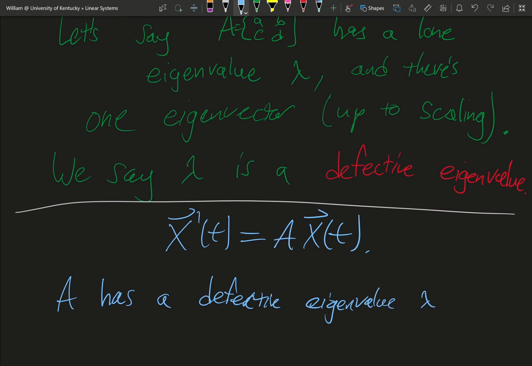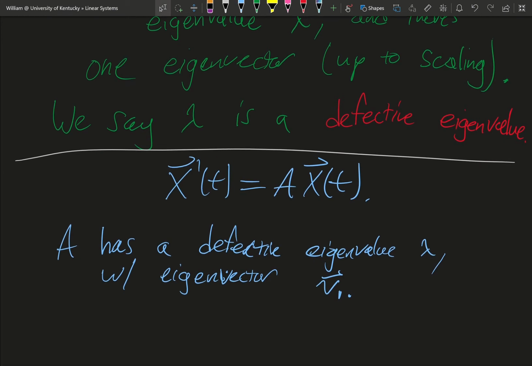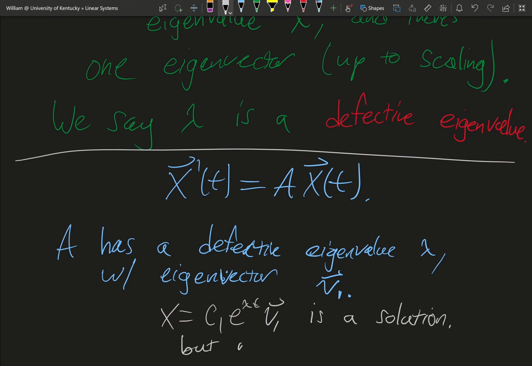So we have a defective eigenvalue lambda, with eigenvector I'll just call V1. So we know x equals c1 e to the lambda t V1 is a solution, but not the general solution.